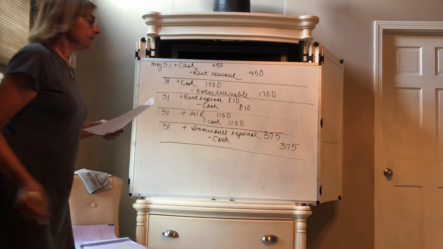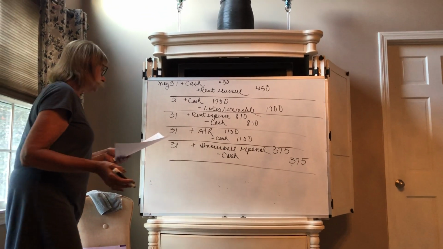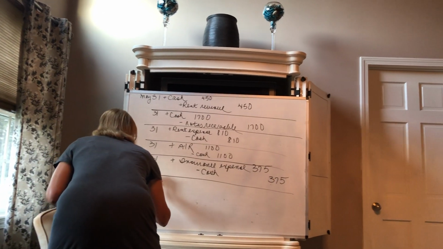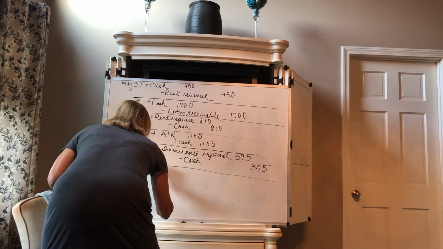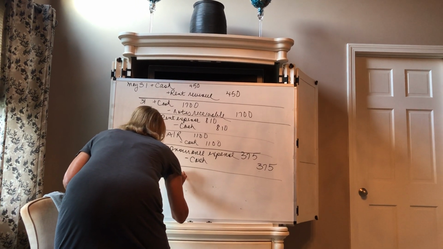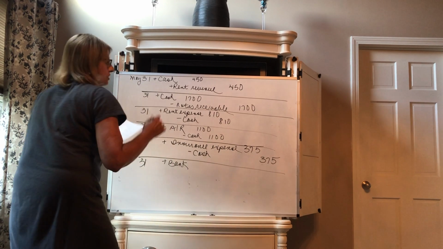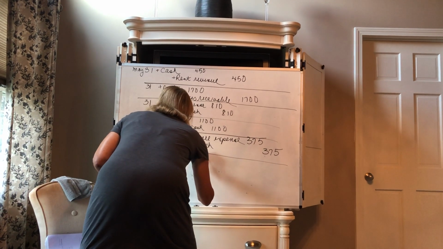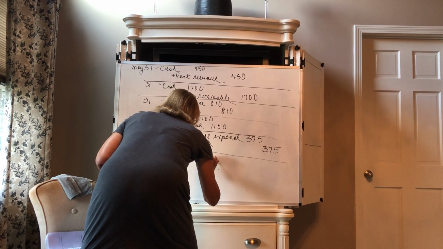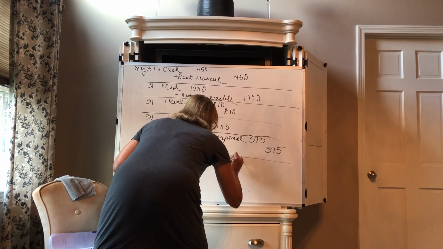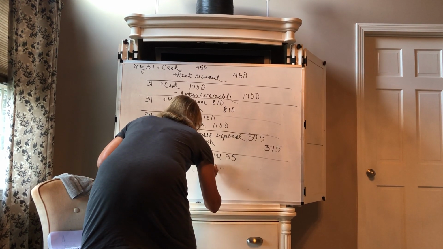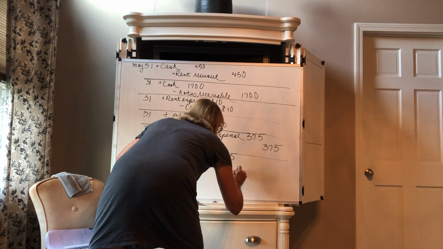The last one is the service charge. That's the easiest. We call that bank expense. Anything to do with a service charge or having checks printed, you call that bank expense. And it was $35. Credit cash for $35.